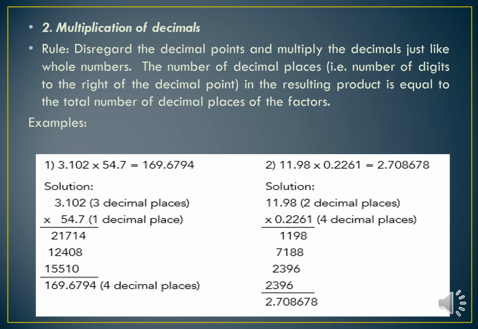So after getting the product, count from the right side how many decimal places. Since there are 4, 1, 2, 3, 4, the decimal point will be put in between 9 and 6. The same with example number 2.